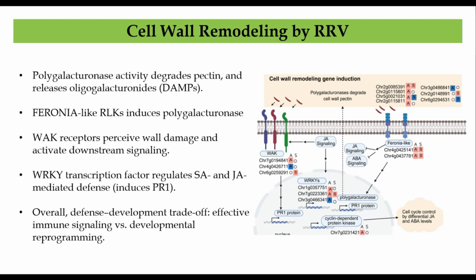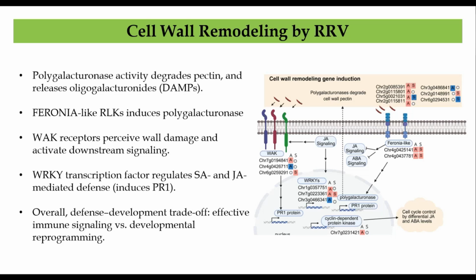We have 2 Feronia-like genes that are differentially expressed in our data set. They activate the polygalacturonases, and these polygalacturonases release the oligogalacturonides, which act as a DAMP, which is perceived by wall-associated kinase, and then they later trigger the pathogenesis-related genes.